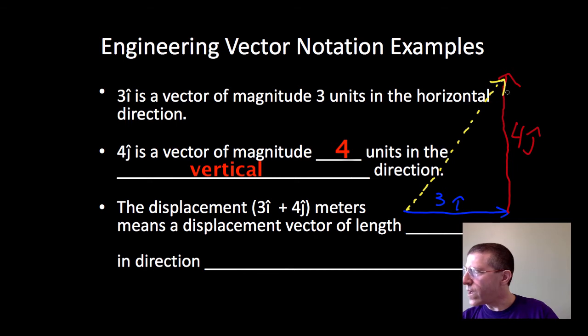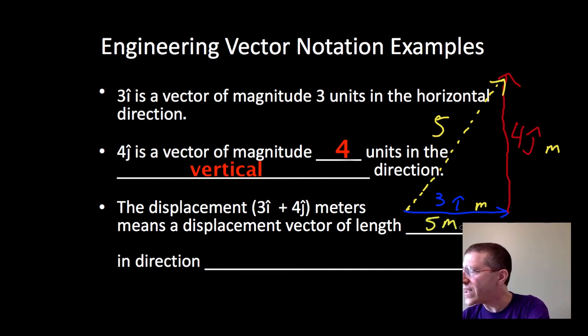Now, if this is 3I hat meters, and this is 4j hat meters, what is the displacement? Well, if you know your triangles, 3, 4, 5, this is going to be 5 meters. Now, it's not I hat or j hat. This is just the magnitude. It's length 5 meters.